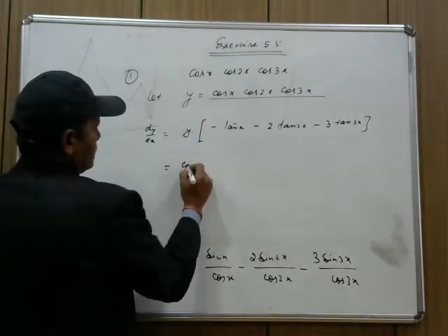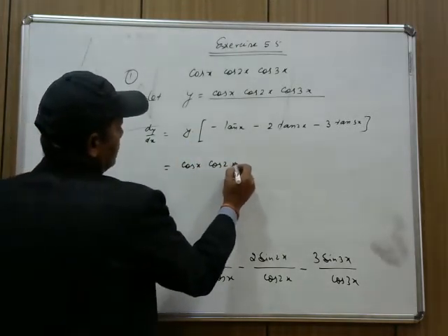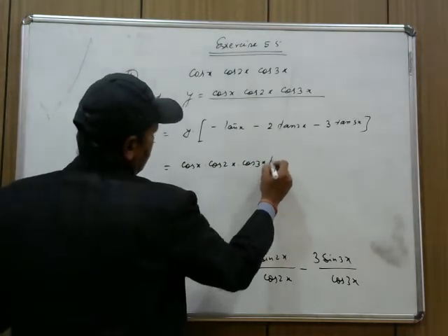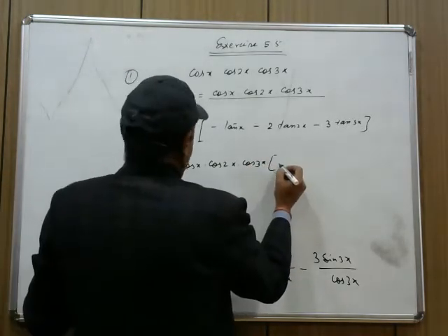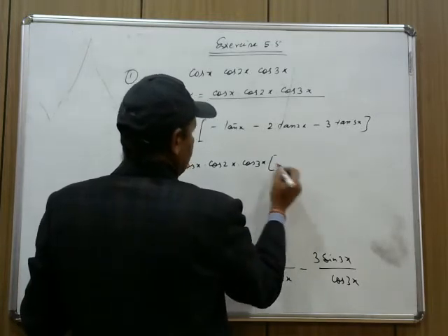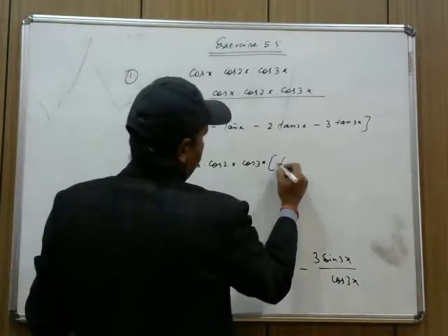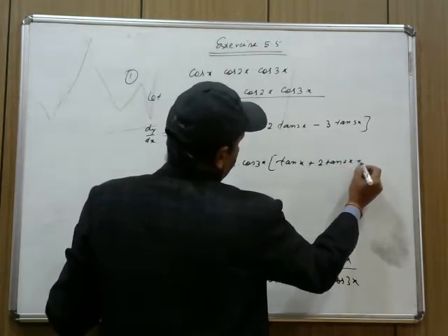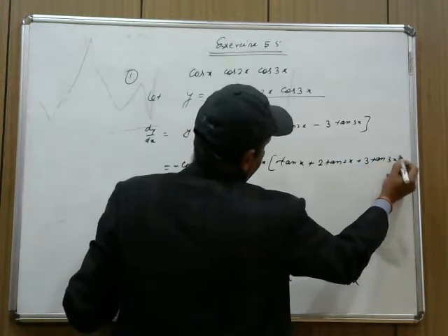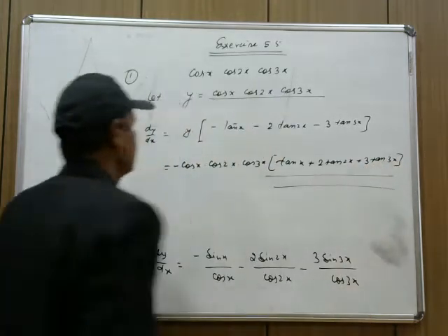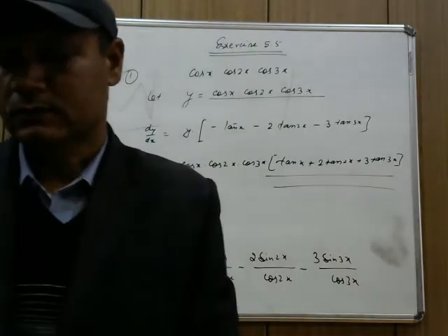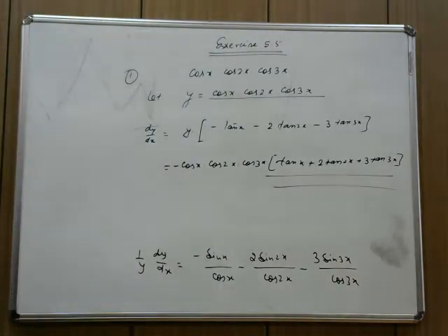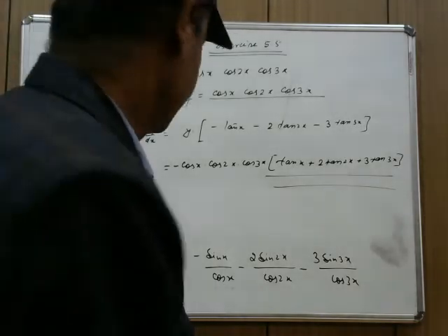The y is cos x into cos 2x into cos 3x multiplied by minus tan x, or take out minus here and write tan x plus 2 tan 2x plus 3 tan 3x, and this will be the answer. Isn't it? Minus cos x into cos 2x into cos 3x multiplied by tan x plus 2 tan 2x plus 3 tan 3x. Right? Now, the next question.